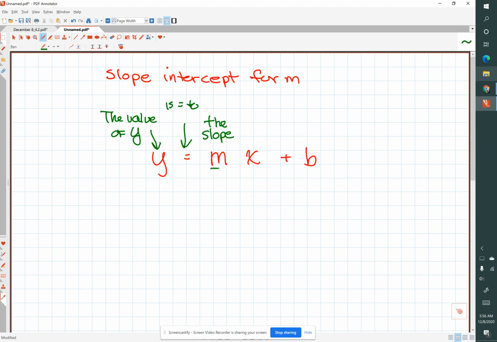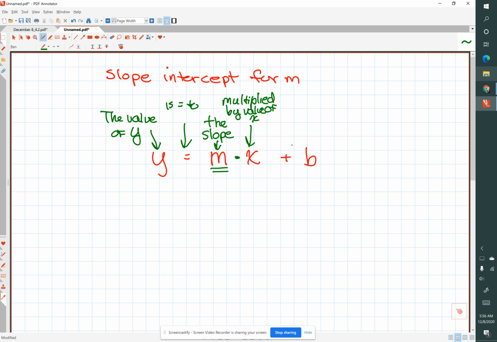We talked about yesterday, m is slope, multiplied by the value of x. Remember, two things next to each other, that's multiplication.